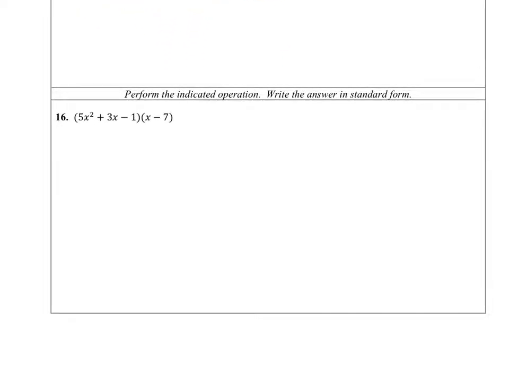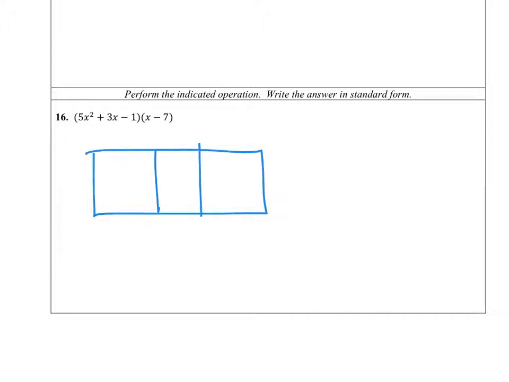Moving on. Now we're going to multiply. So make your box like this. I'd put x minus 7 here. I'd go 5x squared plus 3x minus 1.